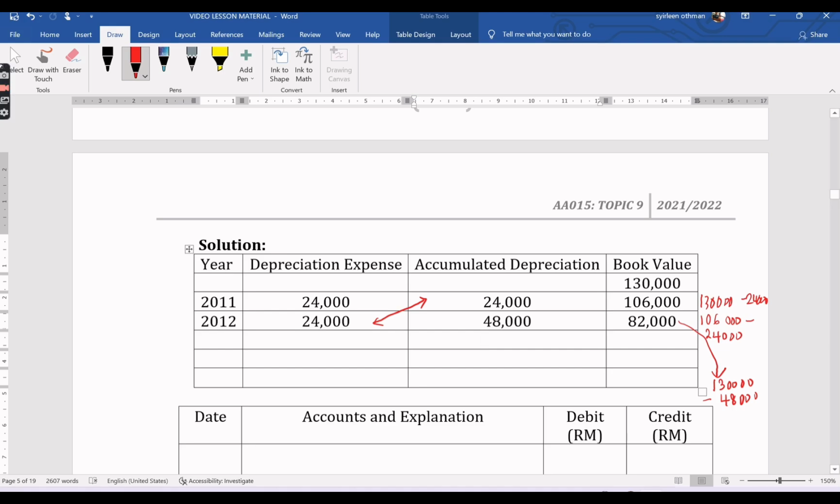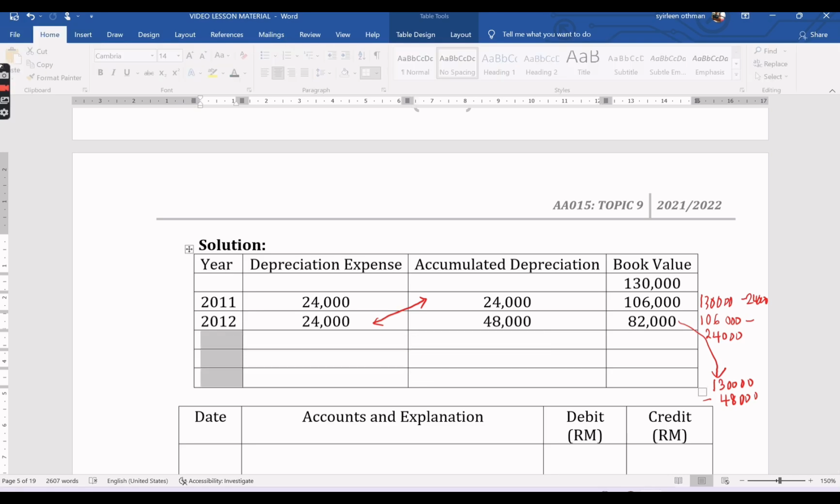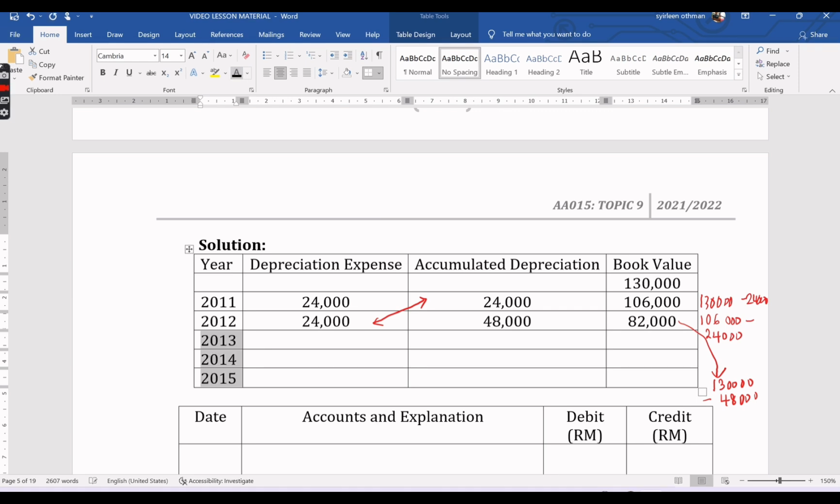All right, I'm going to proceed with the years 2013, 2014 and 2015. The depreciation expense remains the same.